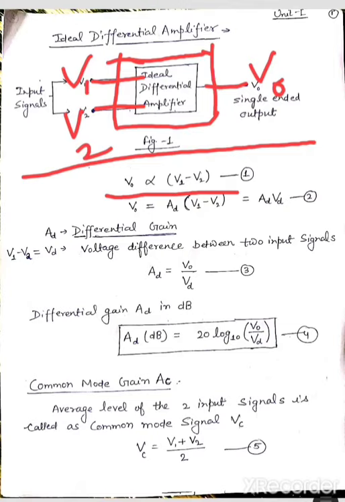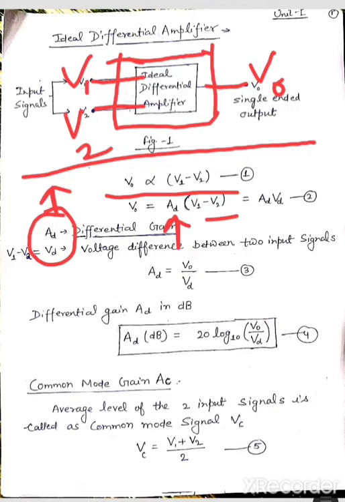Now if we remove the proportionality sign, there will be a proportionality constant here, represented by AD. Here this AD represents the differential gain. A represents gain and D represents differential.